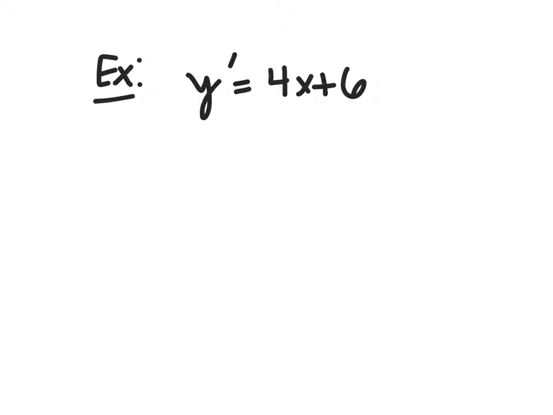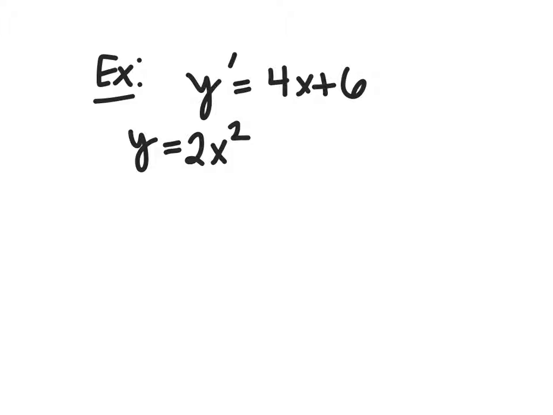We know how to do the reverse power rule on this stuff. For 4x, if we're looking for a y that's going to satisfy this, the first part should have derivative 4x. I'm going to raise my power by 1, so I've got an x squared. I know 2x goes to x squared, and then I've got an extra 2 left over.